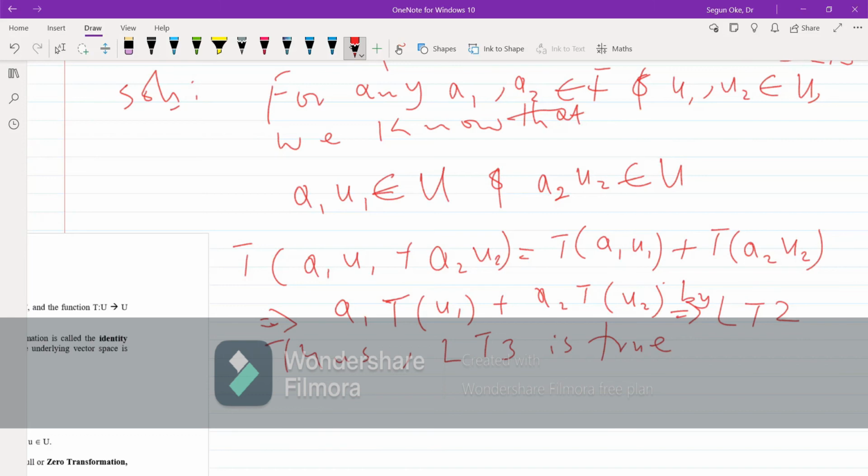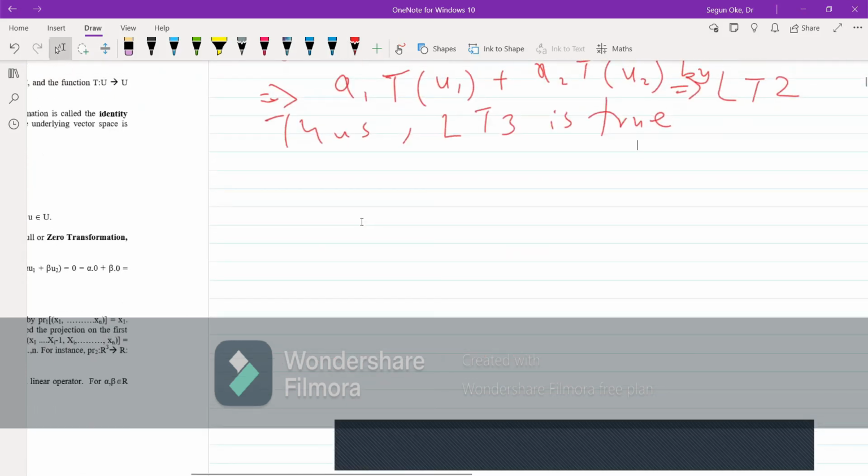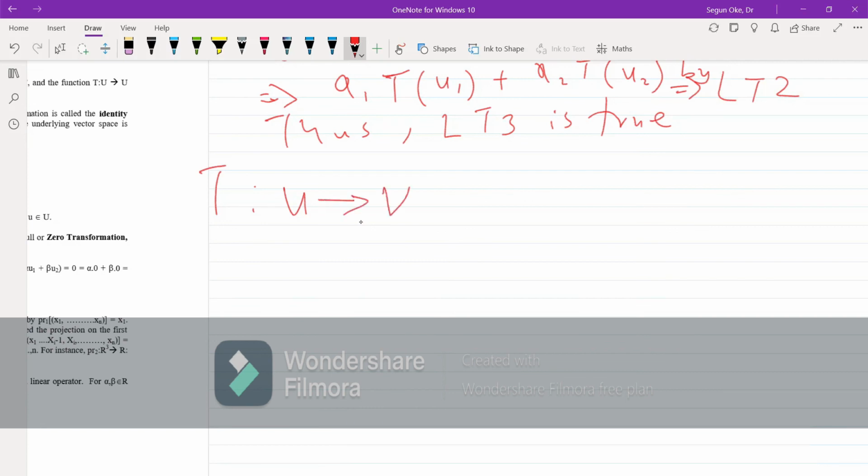And let us note the two properties of any linear transformation. They are pretty simple. We know from the definition that T follows from LT1, that is linear transformation 1, or linear transformation 2, or linear transformation 3.